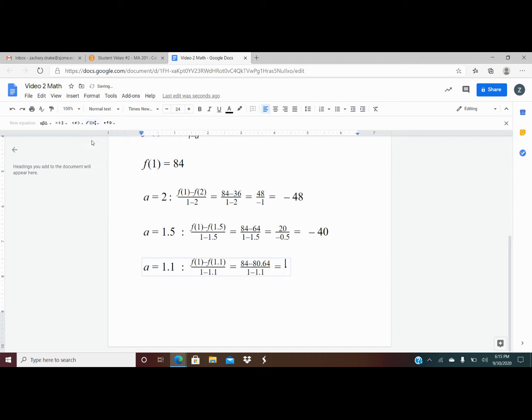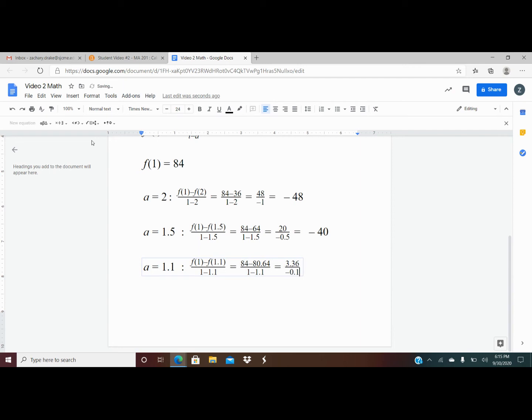So 84 minus 80.64 equals 3.36, all over negative 0.1.